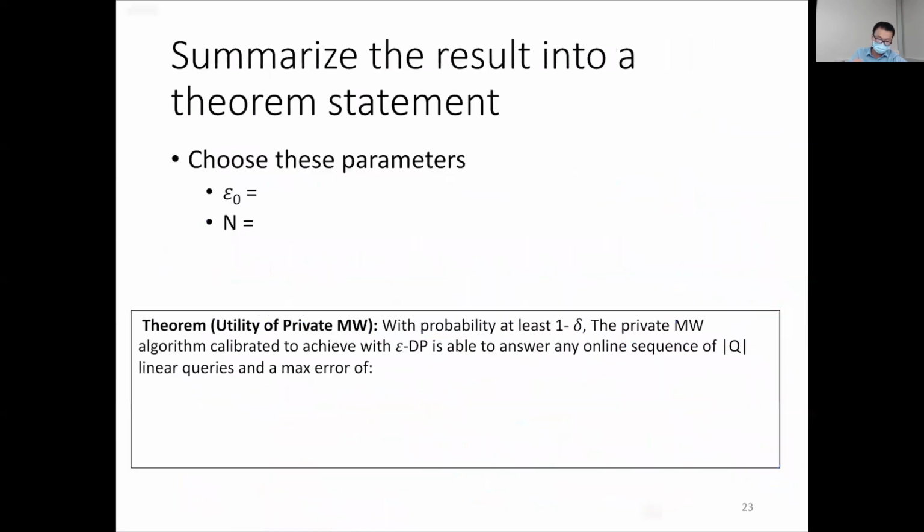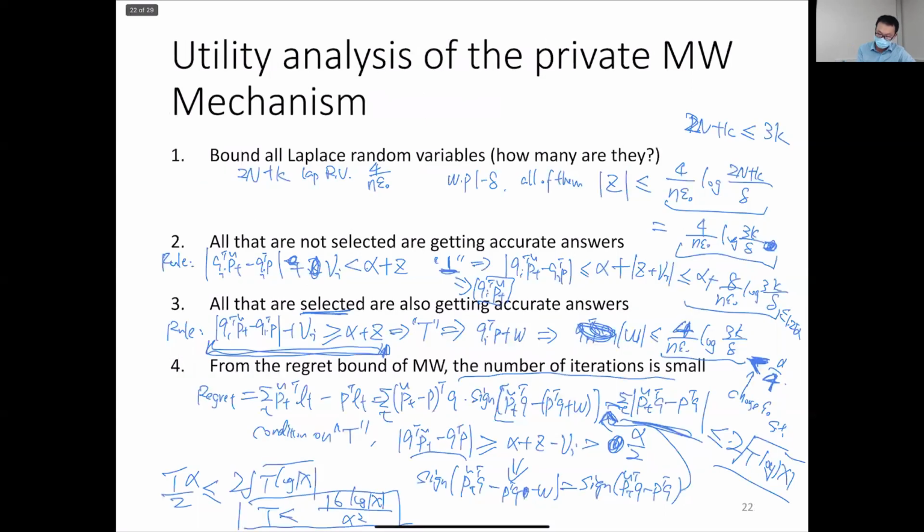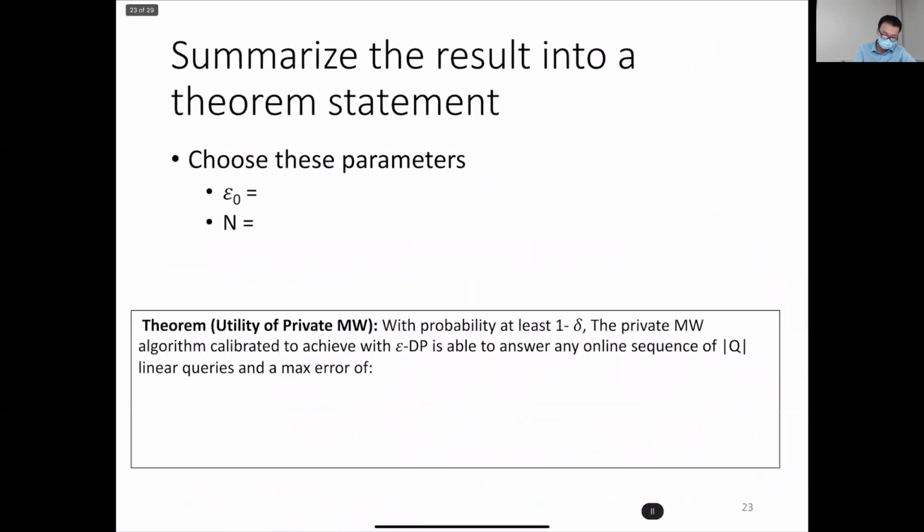Okay, so now these arguments allow us to choose these parameters appropriately. So first of all, epsilon needs to satisfy, again, that this is smaller than a quarter of alpha. So we can take this equation and rewrite it: n epsilon 0 over 4 log 3k over delta needs to be smaller than 1/4 of alpha.